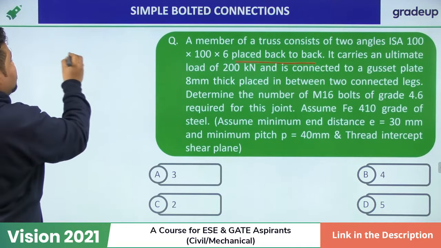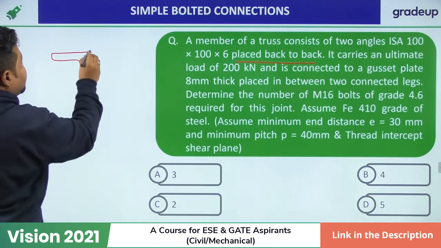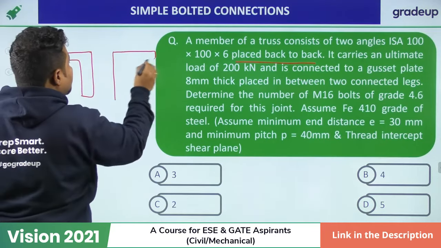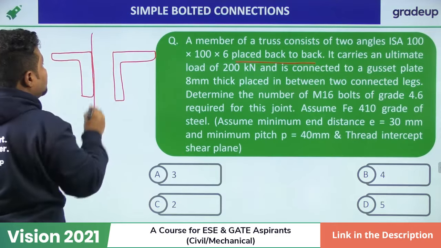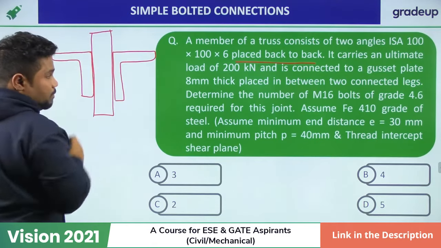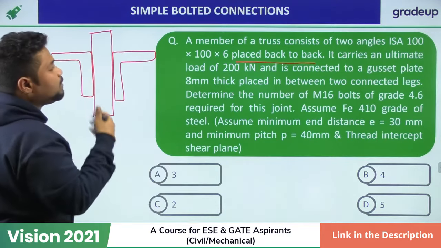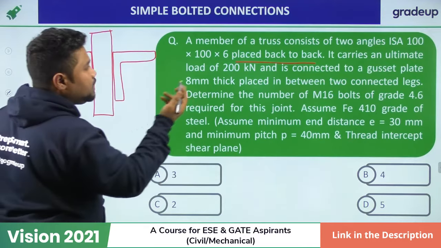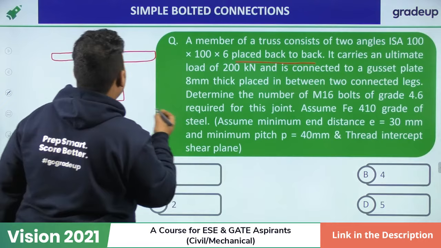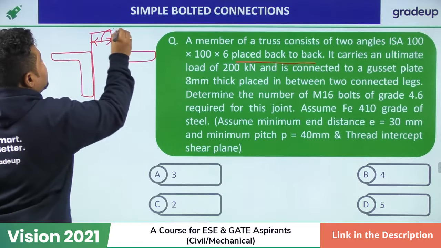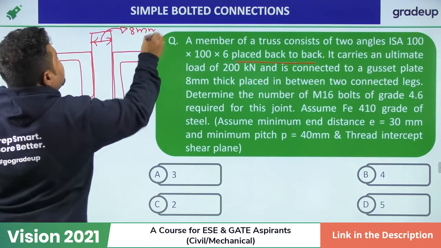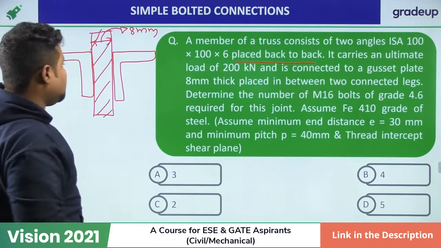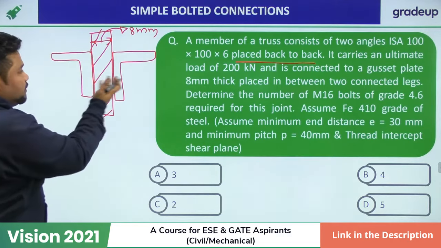So one is one member and this is another member. These two members are connected to a gusset plate, and it carries an ultimate load of 200 kilonewton. The PU is given, and it is connected to a gusset plate of thickness 8 millimeter. This gusset plate is actually used for connection between the two plates.